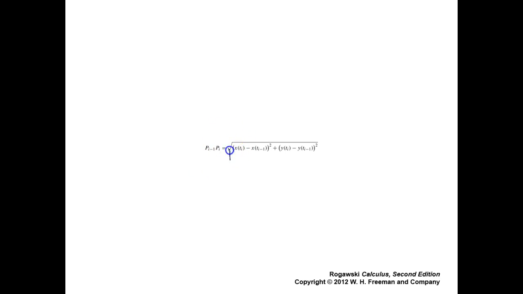I'm going to bring down my square root symbol a little bit further. And what I'm going to do is do a t_i minus t_(i-1) squared. Over here also t_i minus t_(i-1) squared.